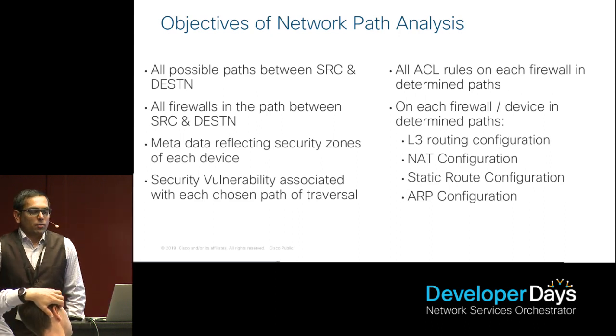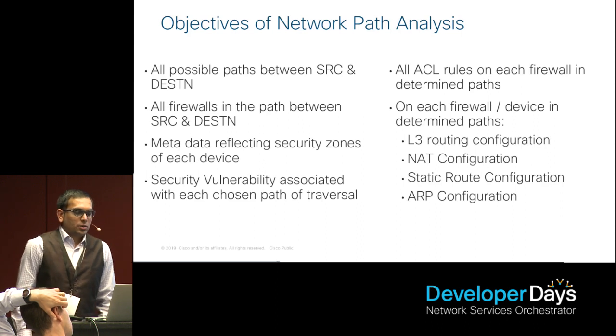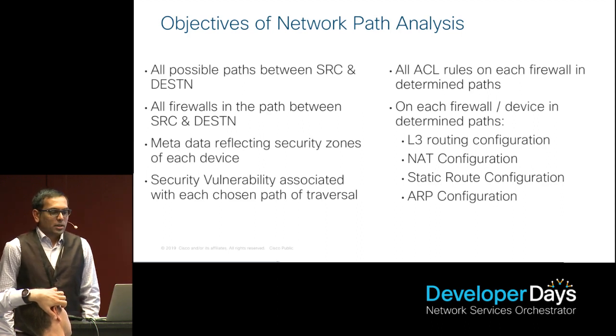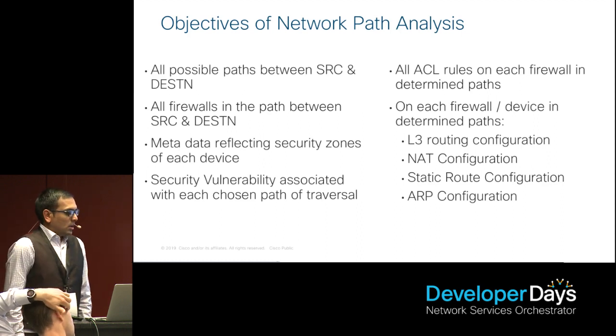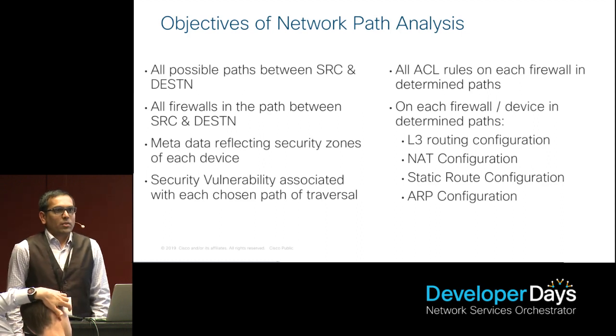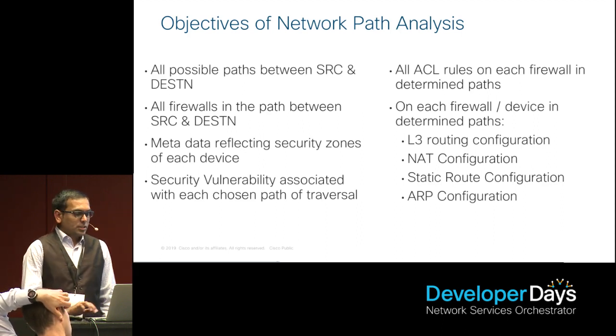The primary objective of network path analysis is to determine all possible paths between a given source and destination. We find out the list of devices and firewalls involved that NSO shall perform service configuration on at a later stage.